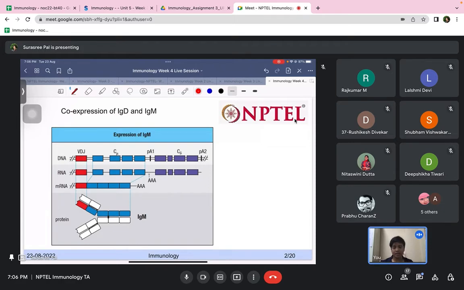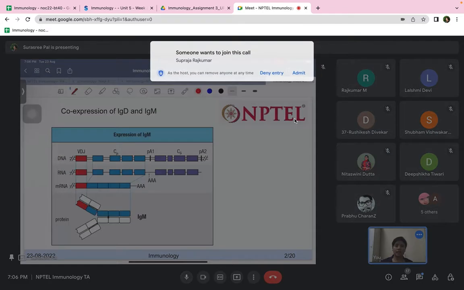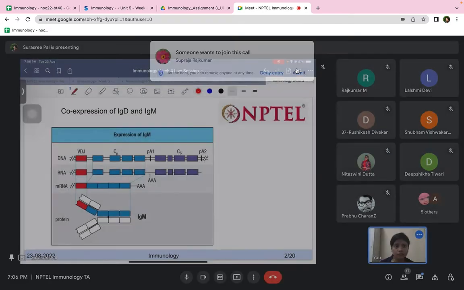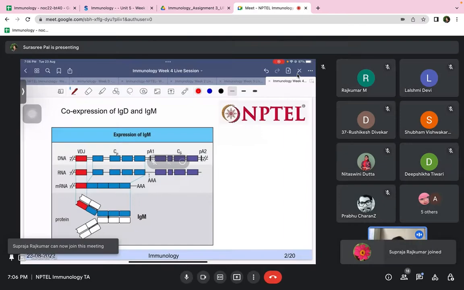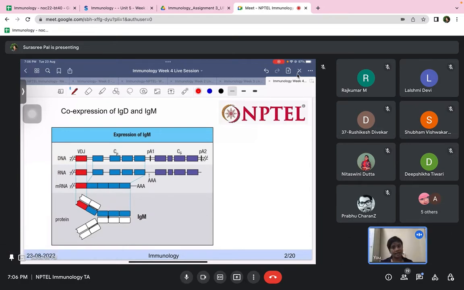How are these antibodies expressed? We will see that the exons which code for IgD and IgM lie on the same gene sequence, from where both IgD and IgM are expressed.